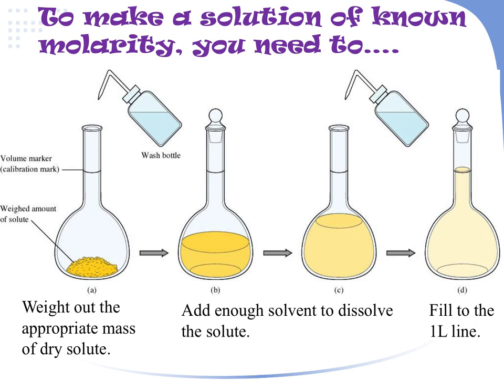When you're making a solution at a certain molarity, you need to be able to prepare the solution properly. So if you know the molarity of the solution that you need, you can calculate the number of moles and thus the number of grams, which we have over here on the left.